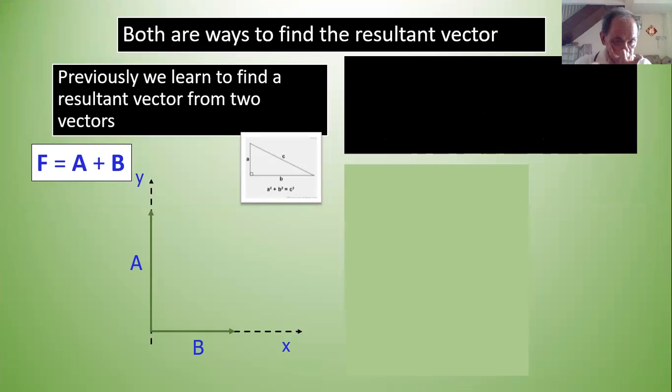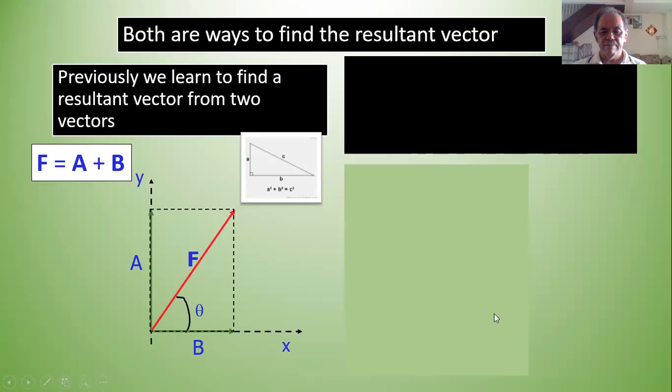Sometimes the component method is easier, and sometimes the other method, the triangle rule, is easier. Previously we learned to find a resultant vector from 2 vectors. F is the resultant, A plus B. We form a parallelogram, or rectangle in this case, and that's your resultant. That's your angle.